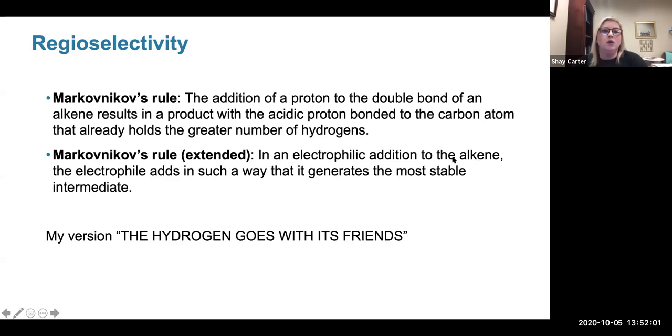So the extended Markovnikov's rule is based on carbocation stability, in that our most substituted carbocation is the most stable. And so the hydrogen goes where the carbocation is not, which is usually with where the most hydrogens are. So if you can remember that the hydrogen goes with its friend, you can remember Markovnikov's rule.